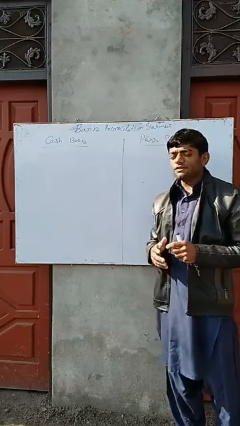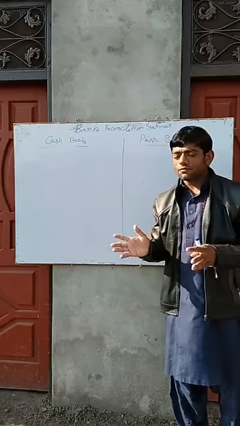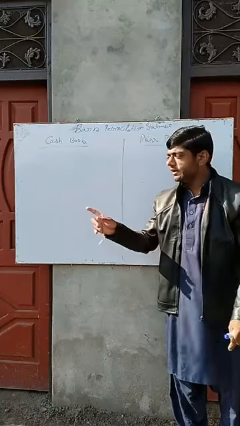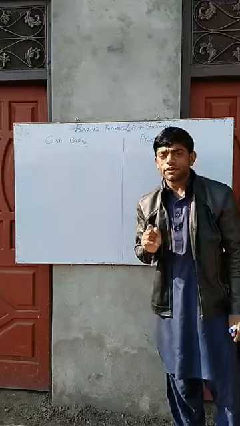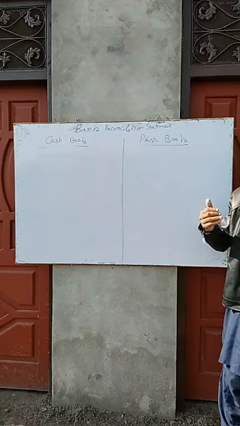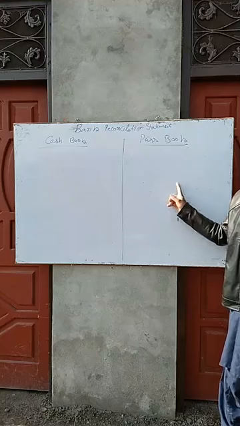If the cash book balance is mentioned as unfavorable or overdraft, then it means the balance of cash book is credit balance. And if the passbook balance is mentioned as unfavorable or overdraft, it means debit balance.